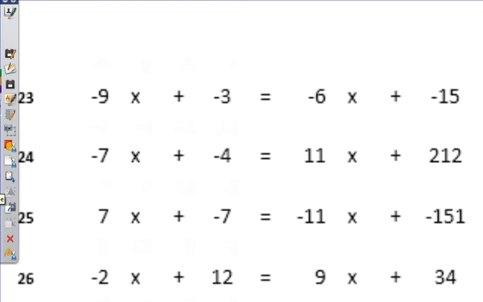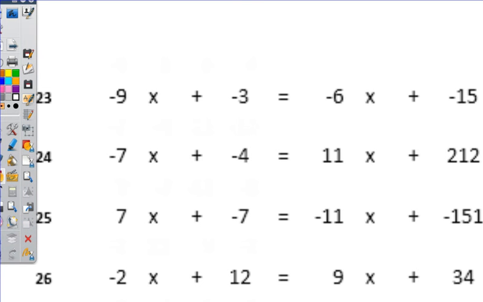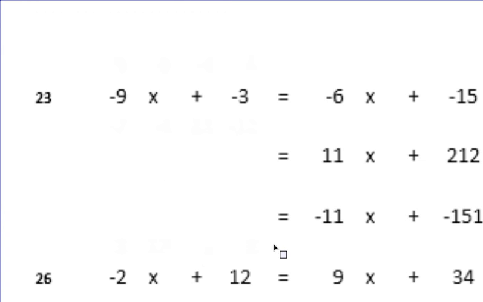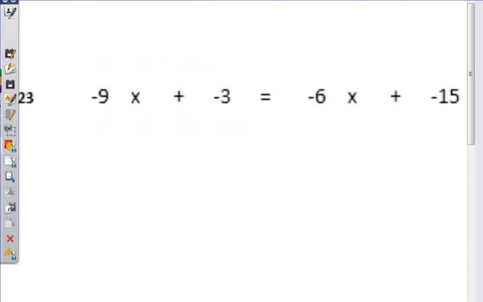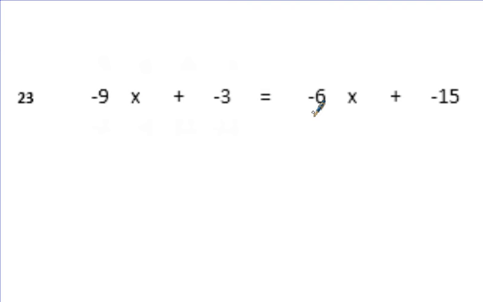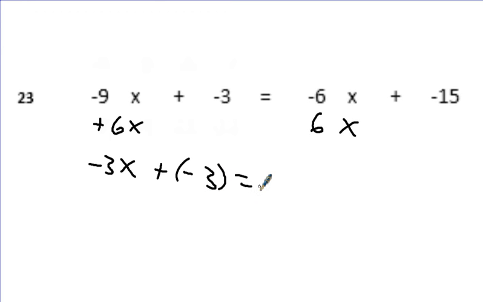So let's get some space to work with. All right. So in this problem, we've got a negative 6x over here. It's a negative, so we add 6x to get rid of it. Negative 9 plus 6 makes negative 3x. Plus negative 3 is going to be equal now to negative 15.